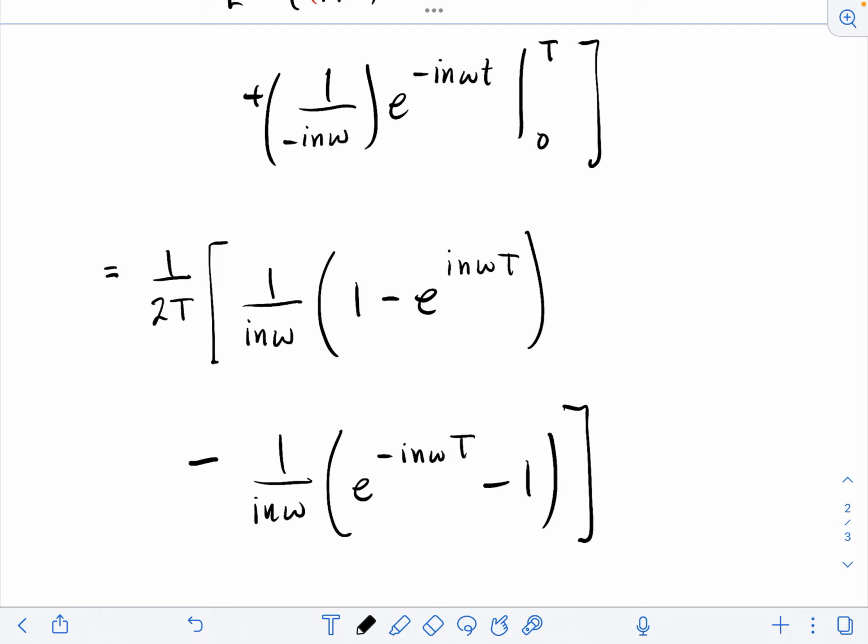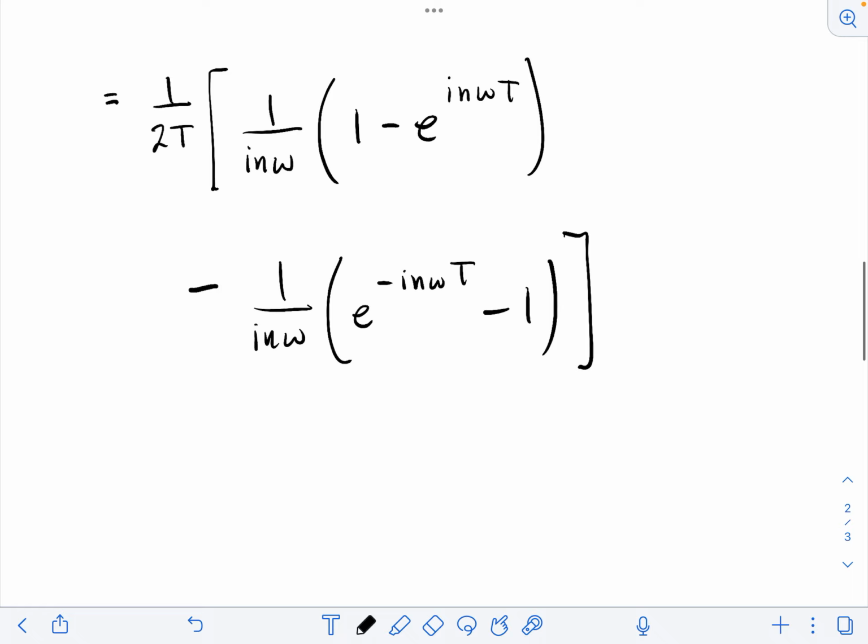Okay, so let's see what we have. We have 1 over 2T. We can factor out an i n omega, which is common to both terms. And then we have a 1, and then we have a minus 1. So overall, that's a plus 2.